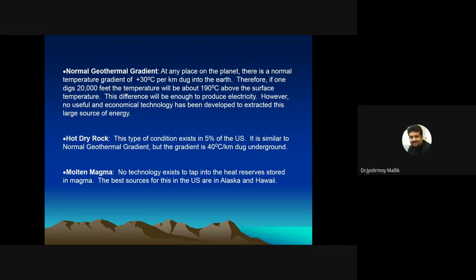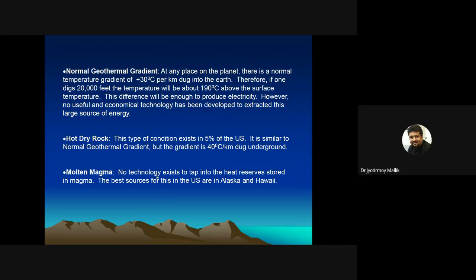Say, for example, I have a granitic pluton immediately beneath the top part of the crust, and that can supply additional heat energy, and the geothermal gradient can be steeper, and such a steep geothermal gradient can be used for geothermal energy. Now, hot dry rock: this type of condition exists in 5% of the US. It is similar to the normal geothermal gradient, but the gradient is around 40 degrees centigrade per kilometer.